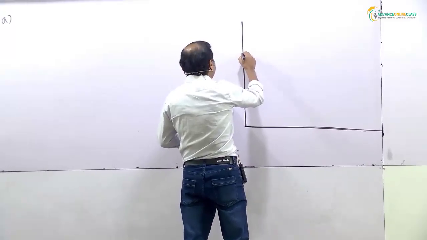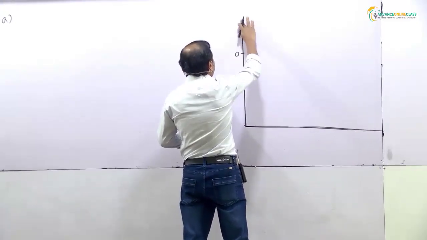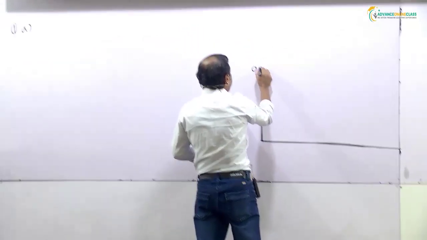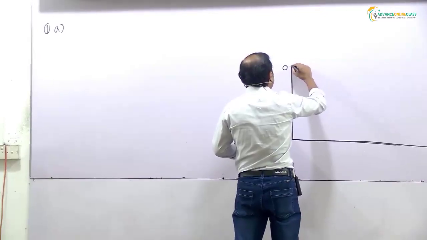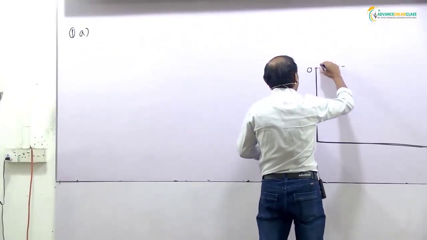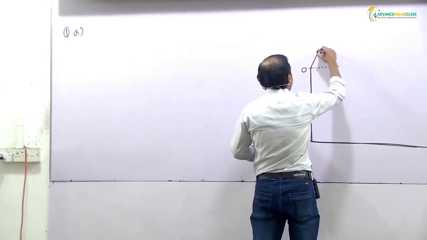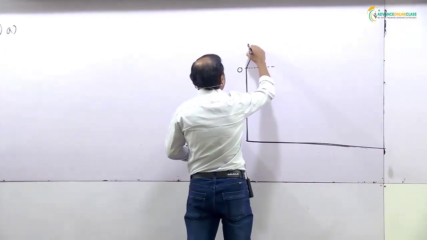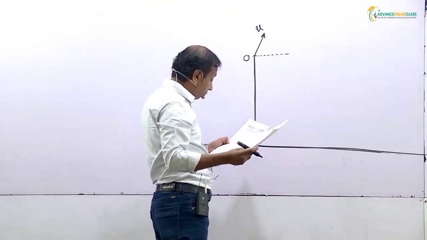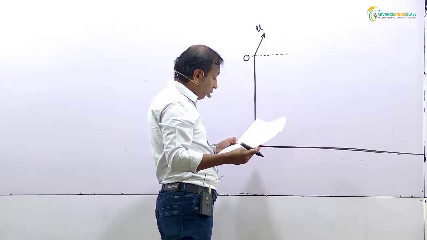Here, point O is here. Projected this way. Suppose the velocity of projection is u with an angle of elevation alpha.